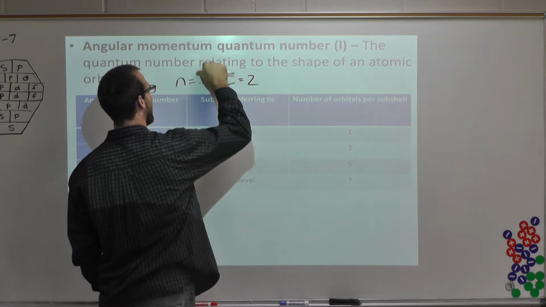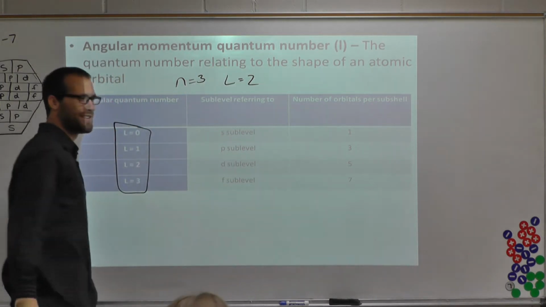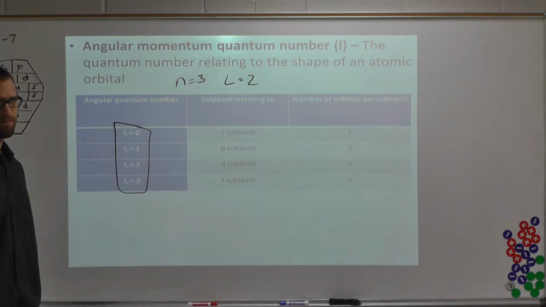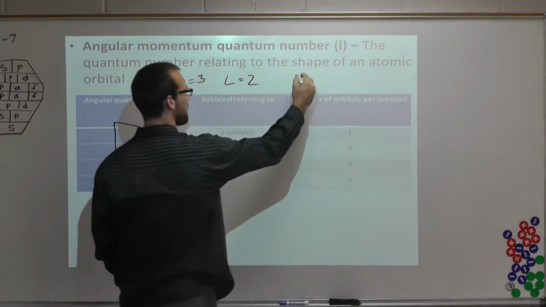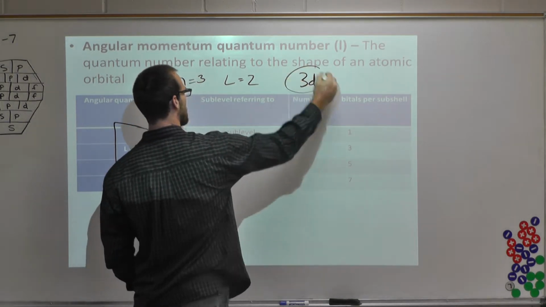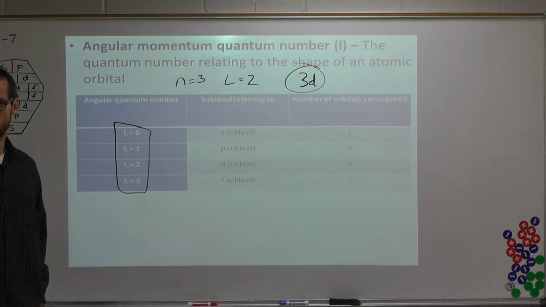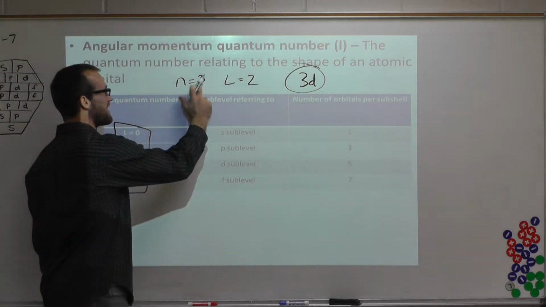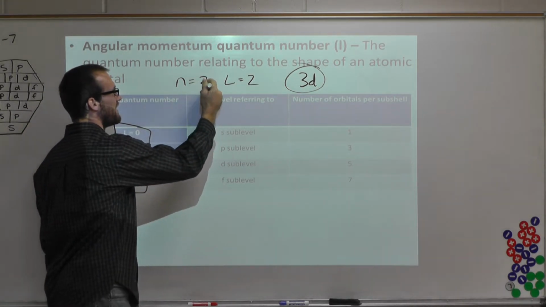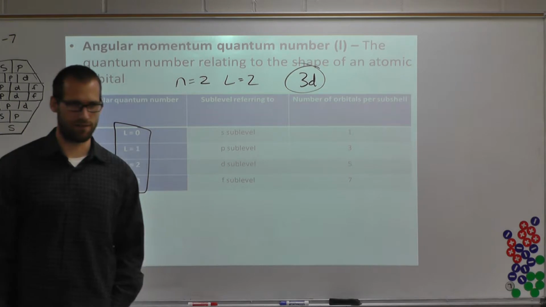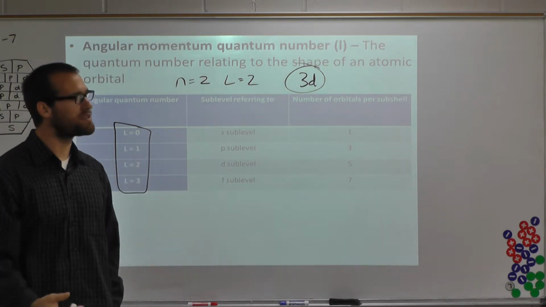N is 3, L is 2. What am I referring to? Level 3, D. That's what I'm referring to. The 3D sublevel. Everybody see it? Why did I say the first one was wrong? Because there is no D in the second energy level.